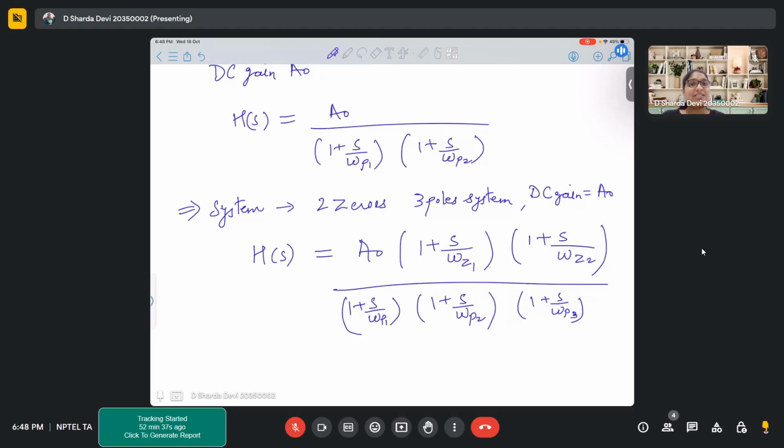So 1 upon RC is not the exact value, but it will give you the desired result. When you know the exact values of poles and zeros, you can directly write the transfer function like this. From a circuit it will be an approximate one. But from a Bode plot, you can write an exact transfer function because you know the exact values of poles and zeros.